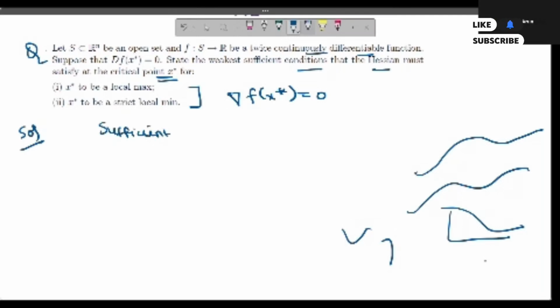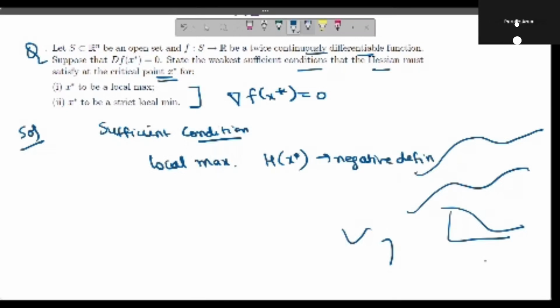So we know that if x star has to be a local maximum, maxima is concave. So the Hessian has to be negative definite.